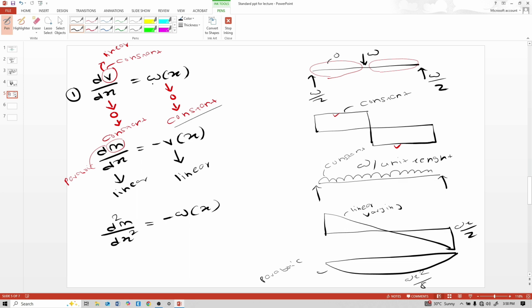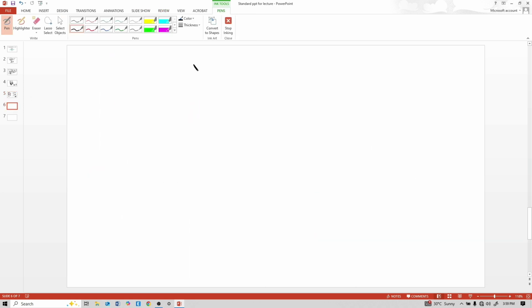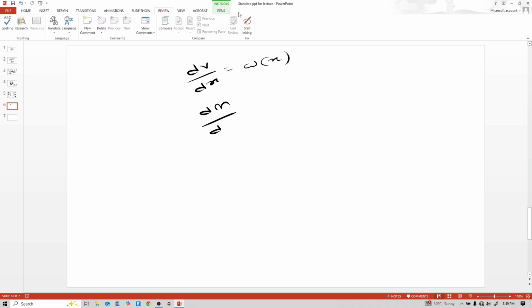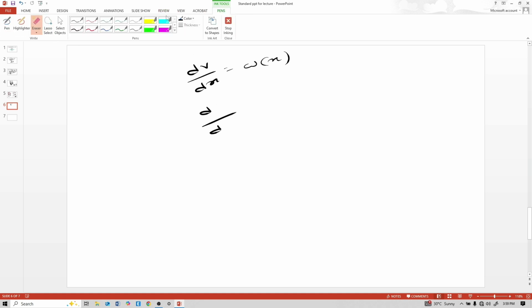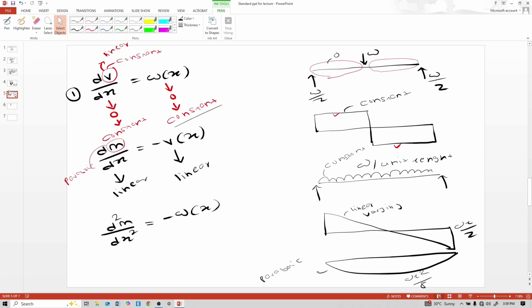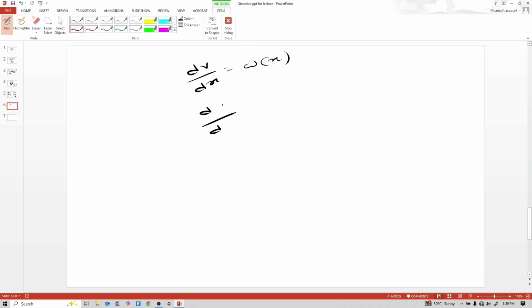See this first relation, if loading is constant, then shear is linear. dv by dx is equal to w of x, and dm by dx is equal to minus v of x, and d square m by dx square is equal to minus w of x. Yes, dm by dx is equal to minus v of x.